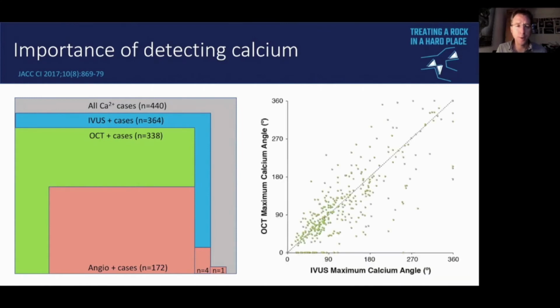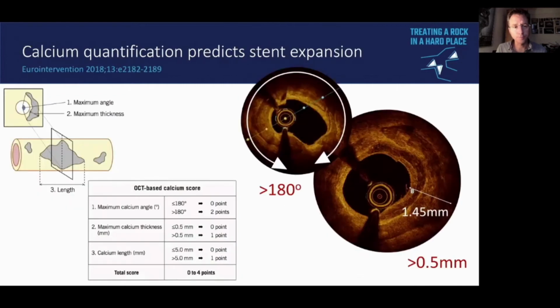When it comes to comparing IVUS and OCT, they're fairly well matched in terms of assessment of calcium angle. Obviously, OCT has the potential for assessing calcific thickness, although reverberation artifact by IVUS may be a surrogate of that.